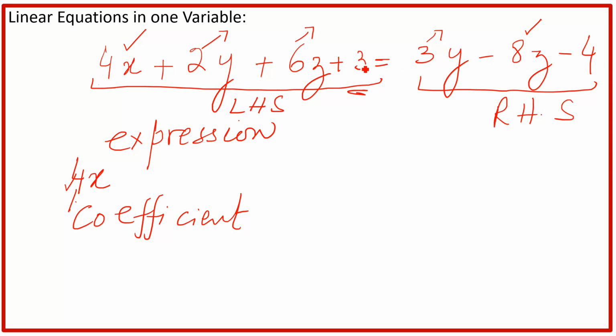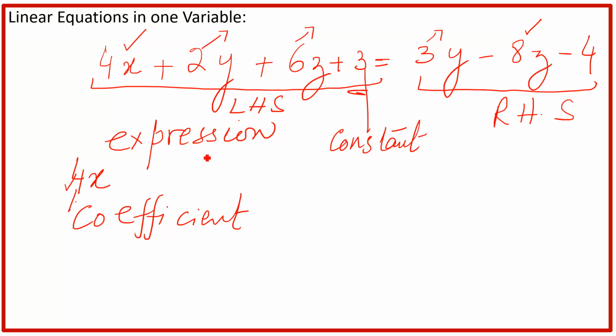And this is plus 3, this is minus 4. There is no variable here, so this is called the constant term. Here we have positive 3, and on the right hand side we have minus 4. These are the constant terms. So simply you can say that terms are the parts of the expression.